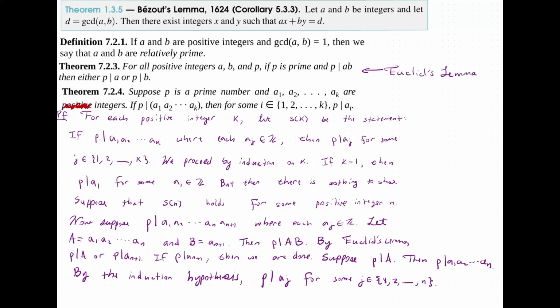And so that finishes it off, because now we have p divides a sub n plus 1, or p divides a sub j, where j is between 1 and n. And so this shows that S of n plus 1 is true, and thus the theorem holds by the principle of mathematical induction.